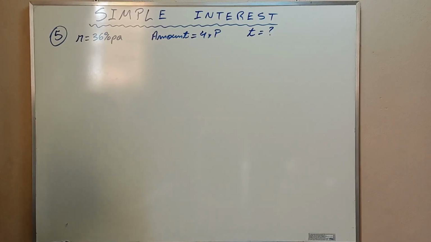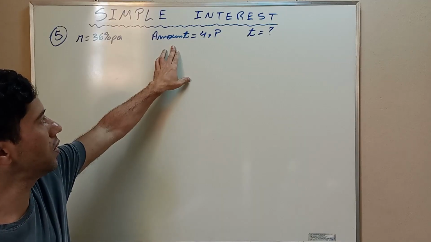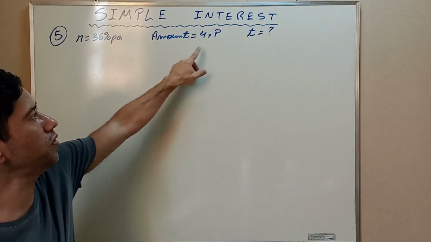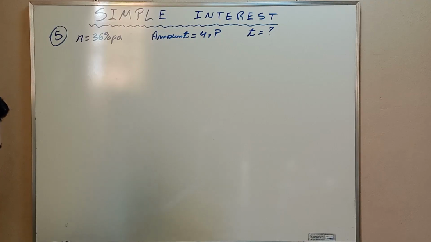And the exercise wants us to redeem an amount 4 times. Okay, the amount that we are going to redeem has to be 4 times the principal or the initial investment. And the question is, what is the minimum period that the capital must remain invested? Okay, my friends?